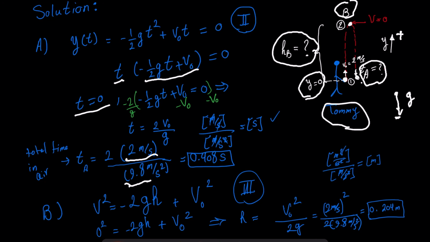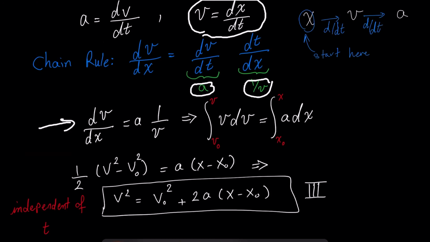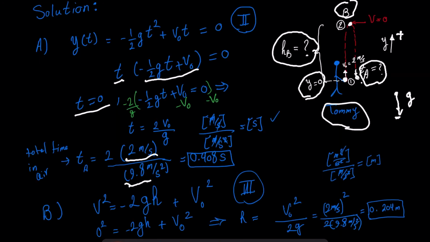So if we use our third equation, v squared equals v naught squared, where v naught is 2 meters per second, plus 2 g y, which we're going to call h here. h is the height it reaches at that point.